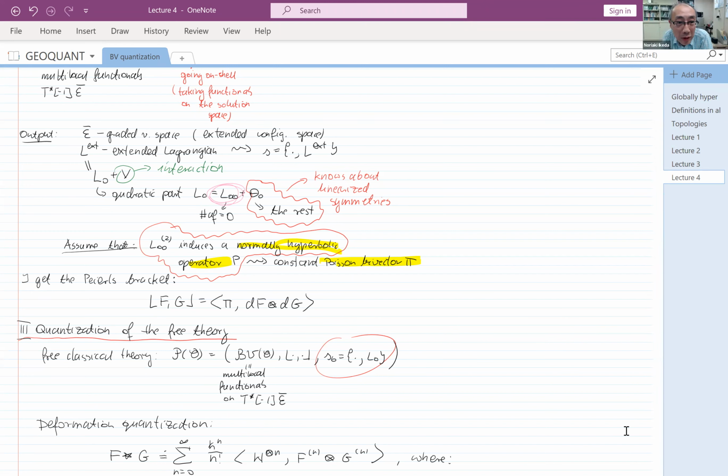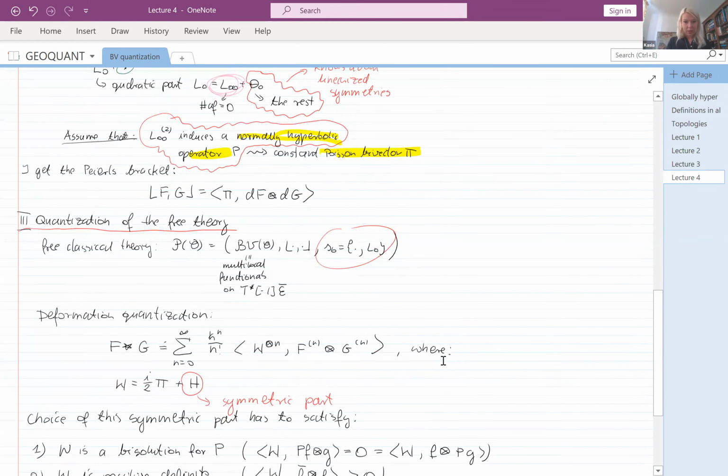Does this deformation quantization give the same result as the normal canonical quantization? My question is the relation with the canonical quantization. Okay, that's a good question.